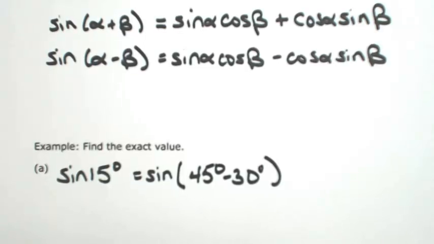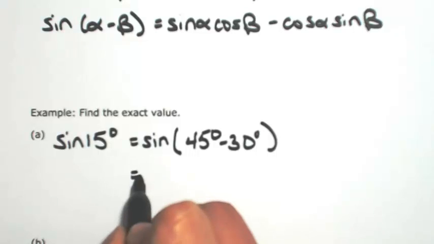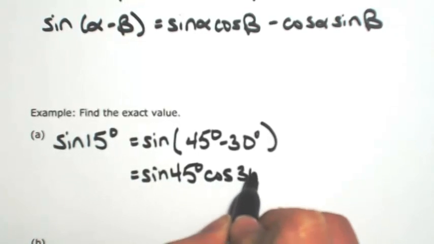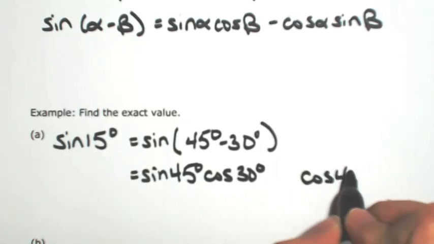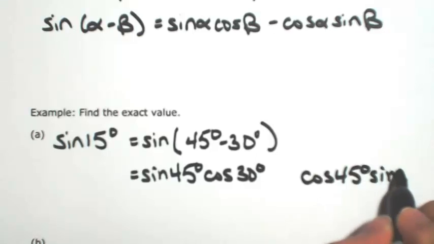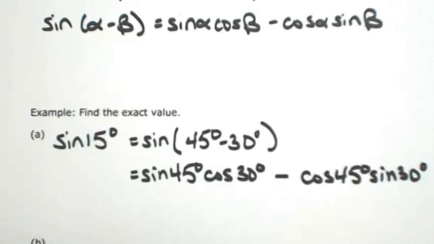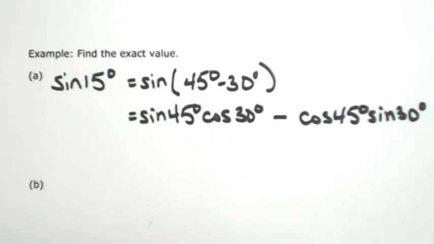There's many options here. Since I'm doing minus, I'm going to take the sine of the first angle, cosine of the second angle, cosine of the first angle, sine of the second, and then whatever operation you did on the inside, you're going to carry that through. So sine, cosine, cosine, sine, keep that minus.